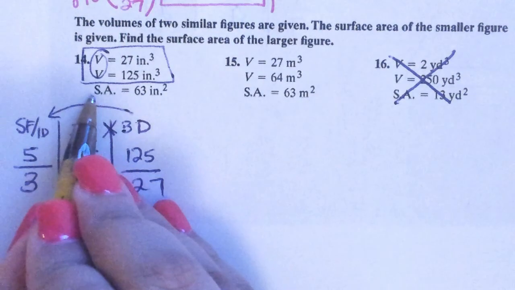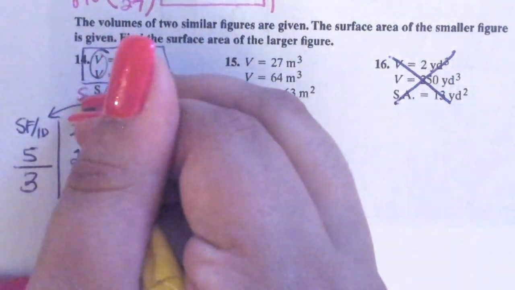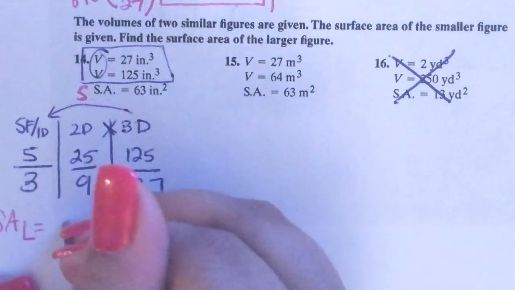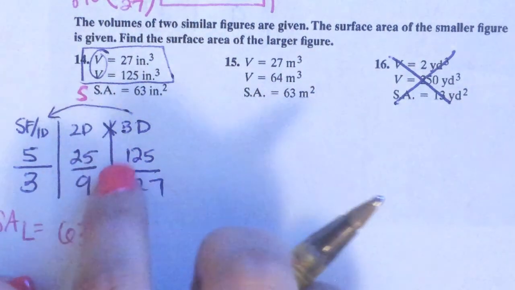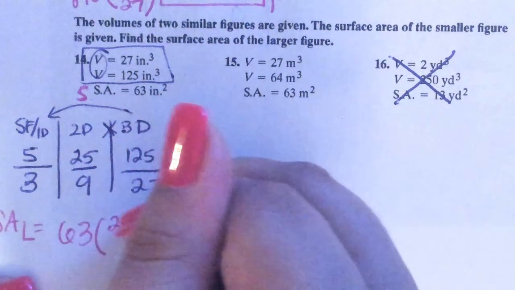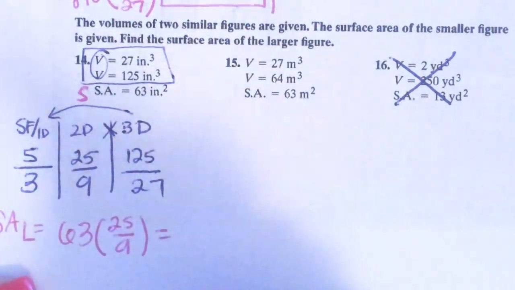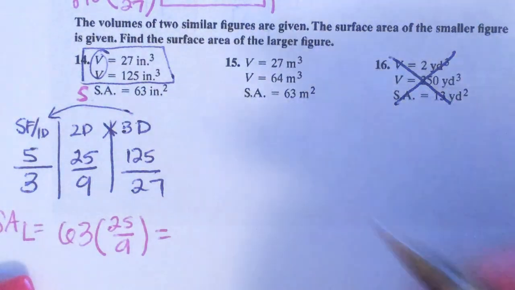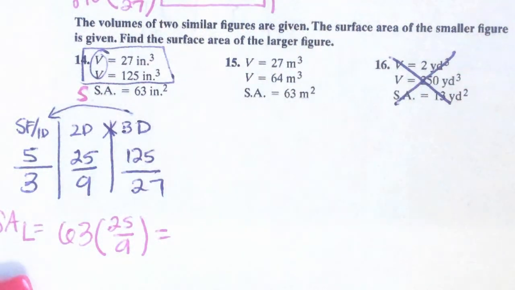Is this my larger or my smaller surface area? Smaller. So to find the larger, I have 63. I'm going to multiply by, the bigger number needs to be on top, because I want the bigger surface area. So what's that give me? No, it shouldn't.